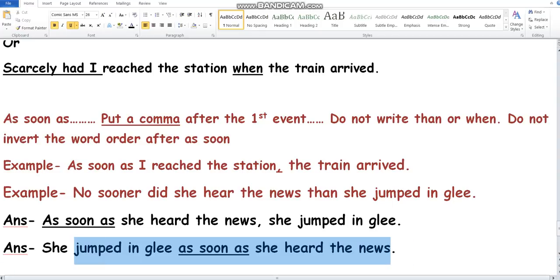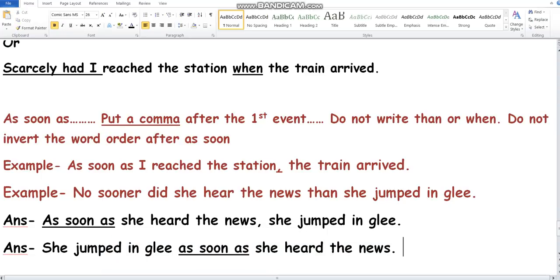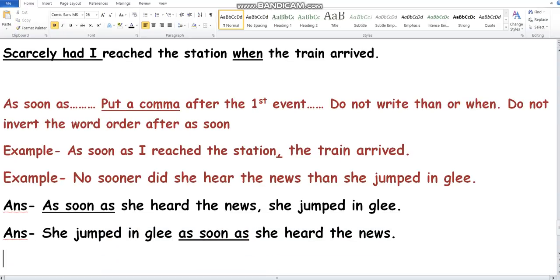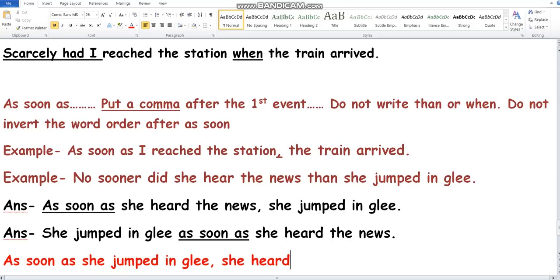And if you change the order, again, your answer will be wrong. Some of you write this sentence, which is incorrect. You changed the order. So please be very careful.